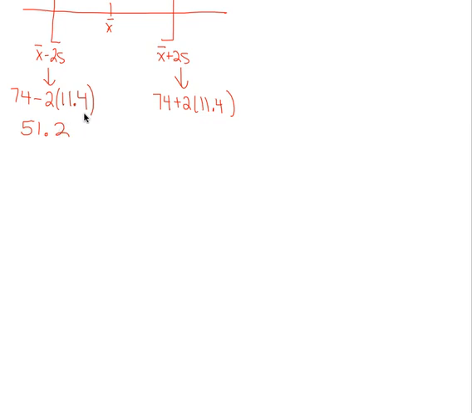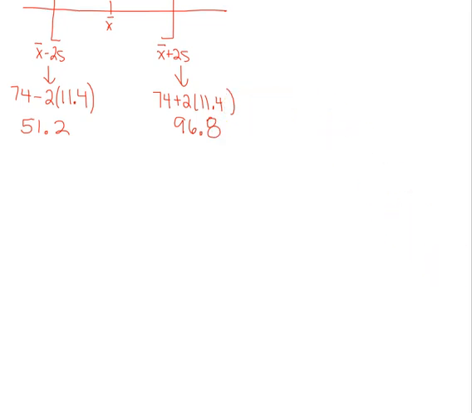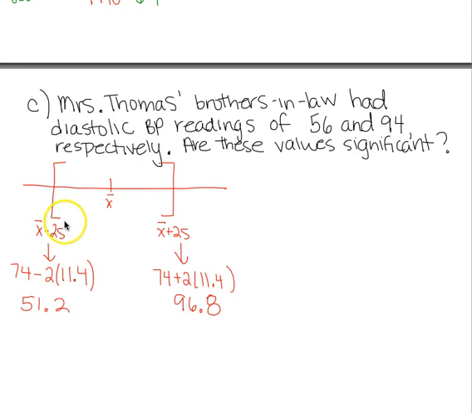And then on the other end, when I do the plus version of that, that gives me 96.8. So in order to be significantly low, a value would need to be below 51.2. In order to be significantly high, a value would have to be above 96.8.